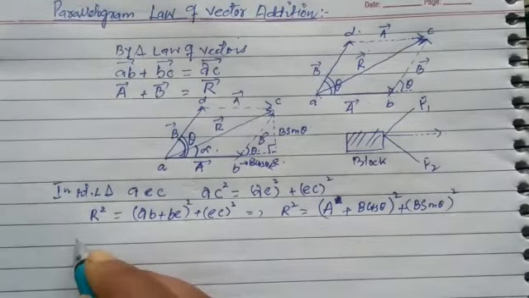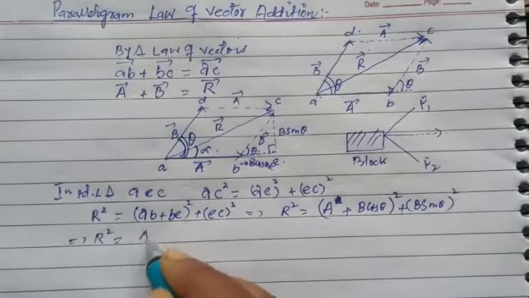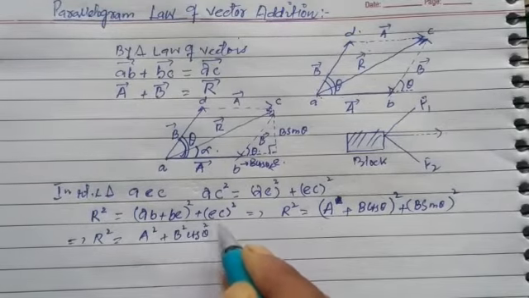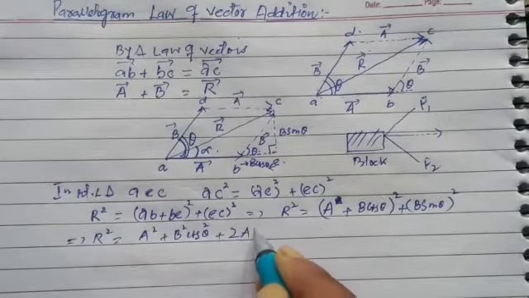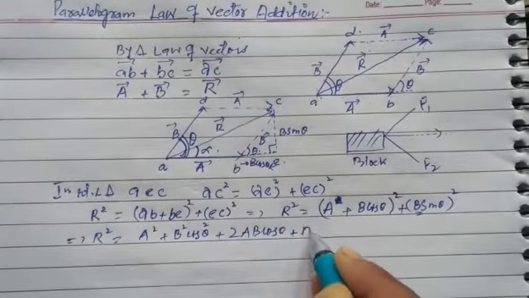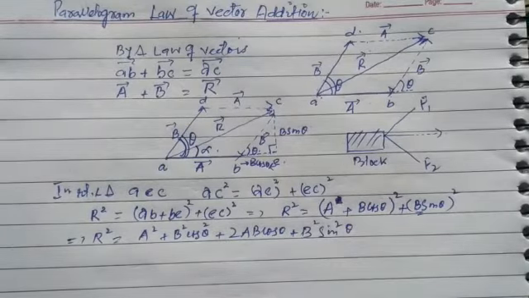Now open it out, it will become, which implies R square is equal to simply A square plus B square cos square theta plus 2AB cos of theta, and it will be B square sin square theta. Simple maths here.